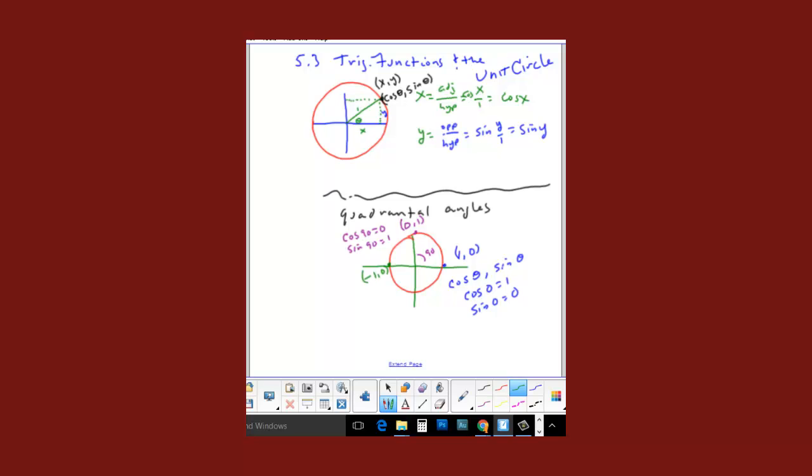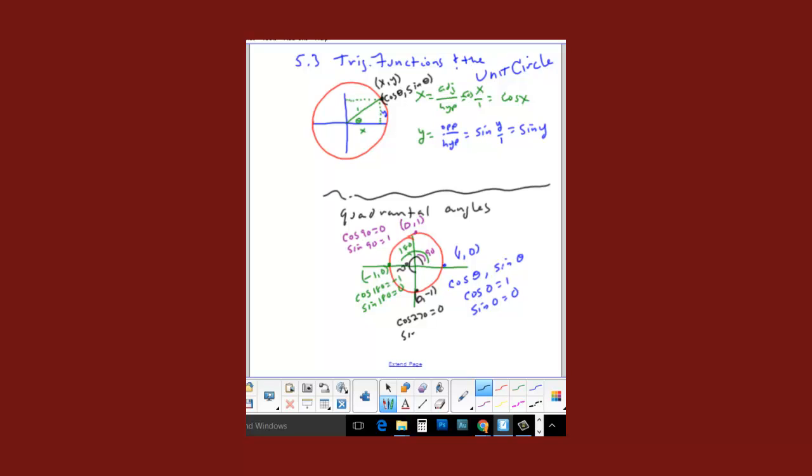180 degrees, endpoint negative 1, 0, so cosine of 180 is negative 1, sine of 180 is 0. 270 degrees has 0, negative 1 for the coordinates, so that means that sine of 270 is negative 1 and cosine of 270 is 0.